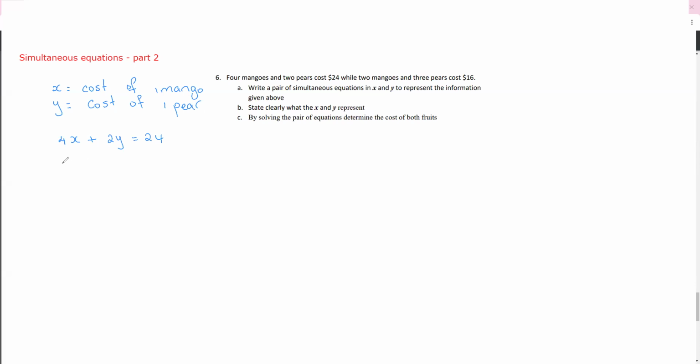And then 2 mangoes, so that's 2x, and 3 pears is equal to $16. So using the information, you write your simultaneous equations.